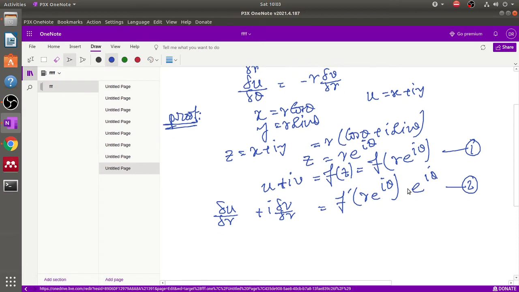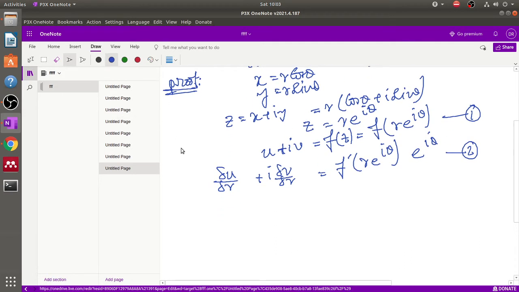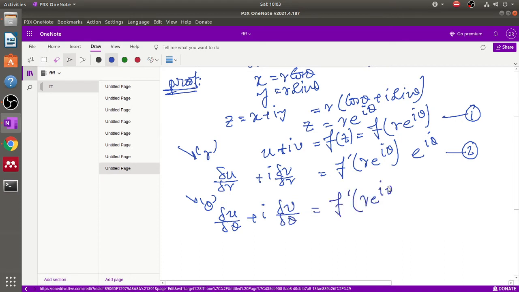Now differentiating with respect to theta, we get del u by del theta plus i del v by del theta equals f dash of r e to the power i theta, and r e to the power i theta into i is coming out. This is equation 3.